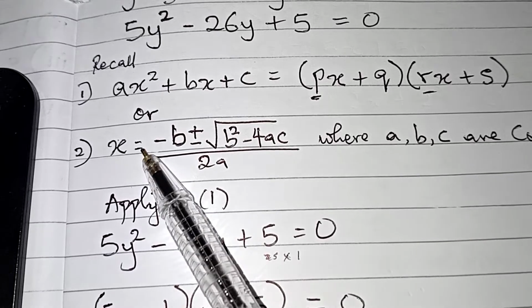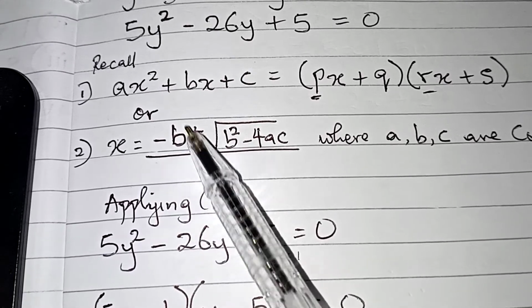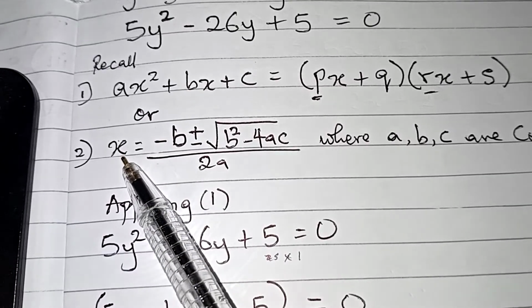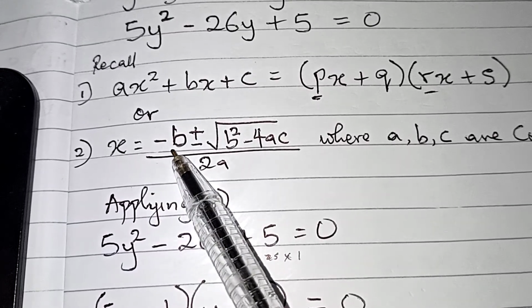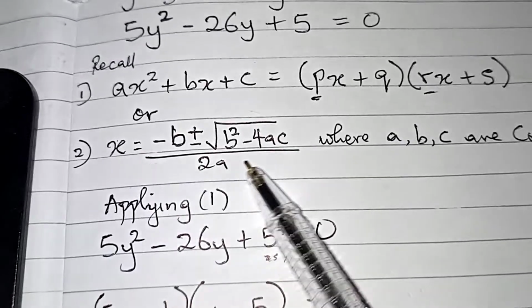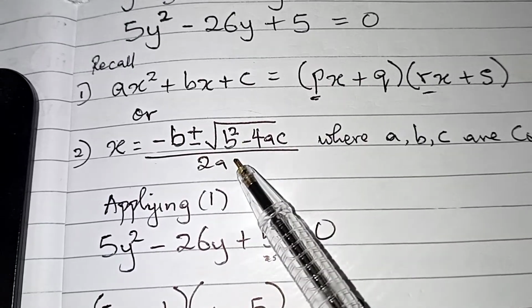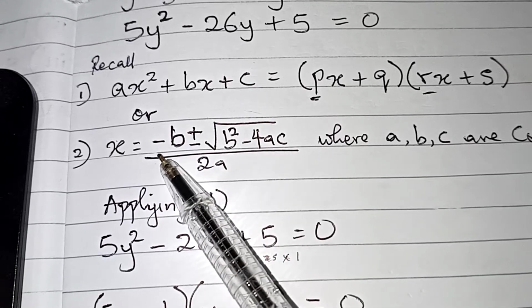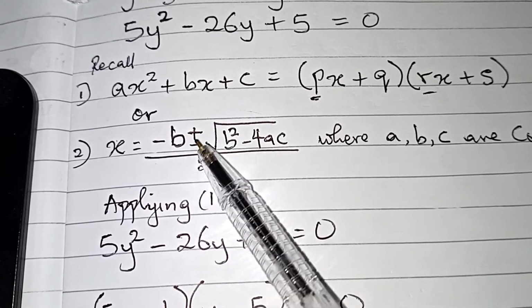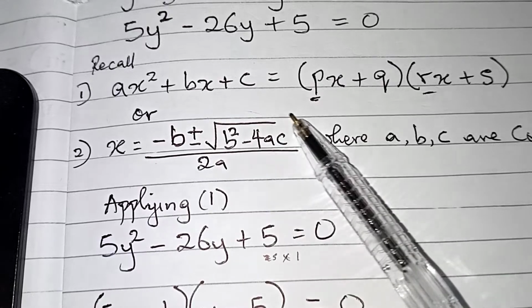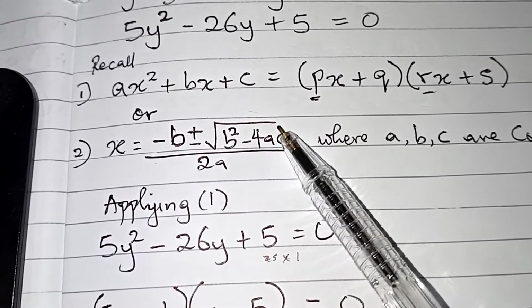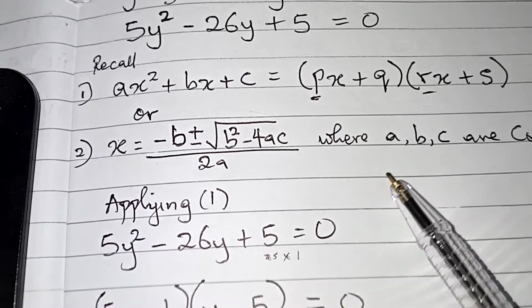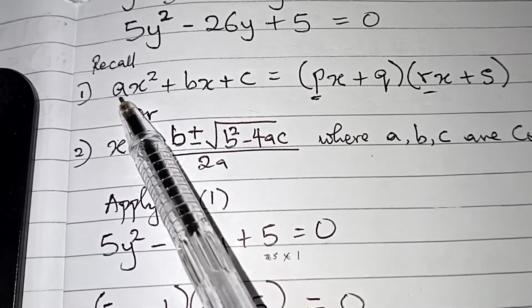Or we can use the formula. If we have this algebraic expression and we want to get the value for x, it is referred to as the almighty formula. I don't know why they call it almighty, but if you can remember in secondary school, there's a formula like this: minus b plus or minus the square root of b squared minus 4ac, all over 2a, where a, b, c are constants.